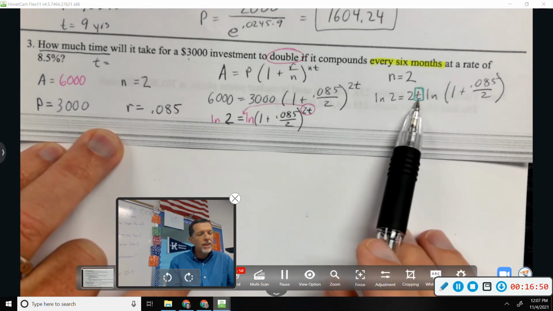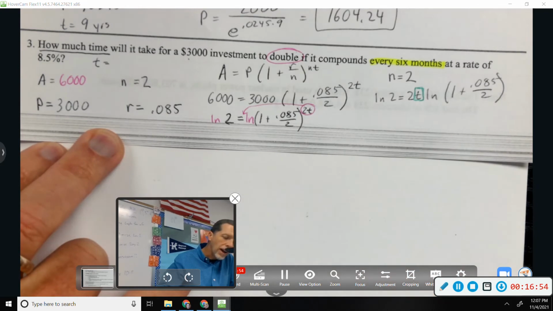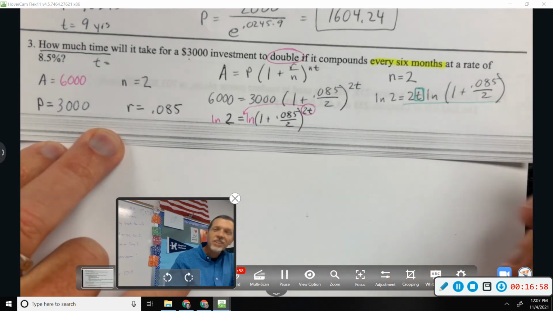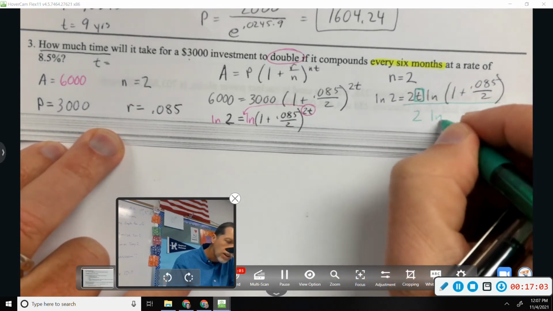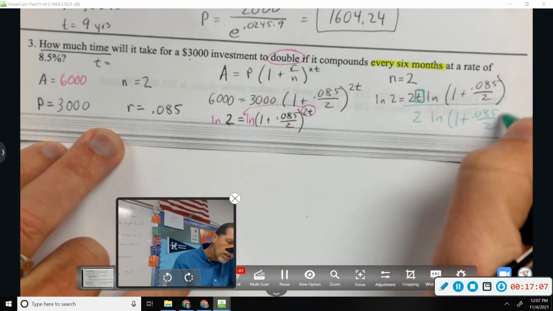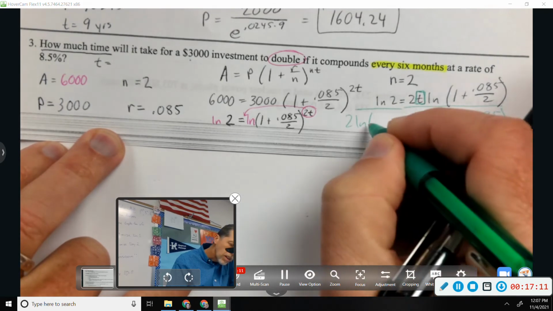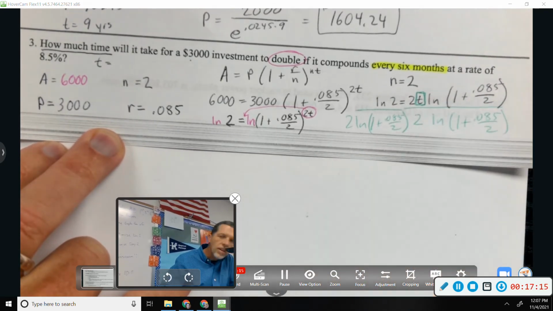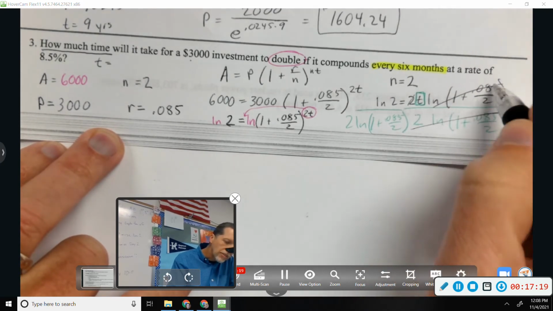So if I want to get t by itself, let's divide by all the other stuff, everything except t. I want t to stay, so let's divide by 2 natural log. So on the left, on the right, we're left with just t.